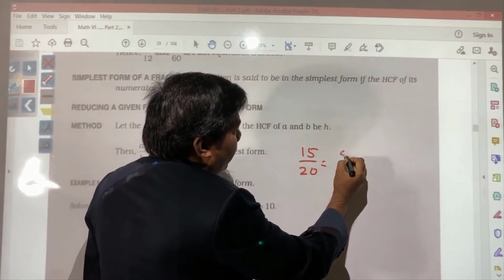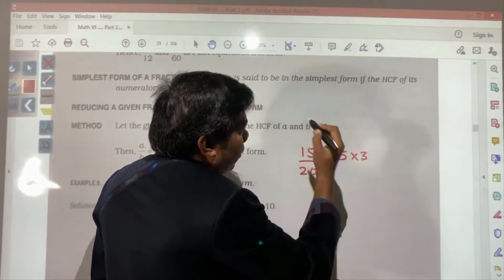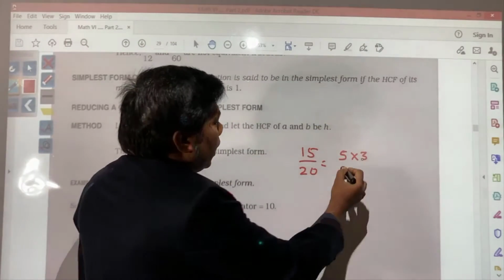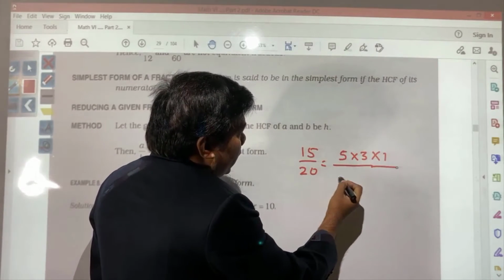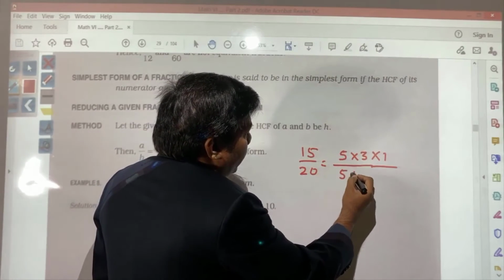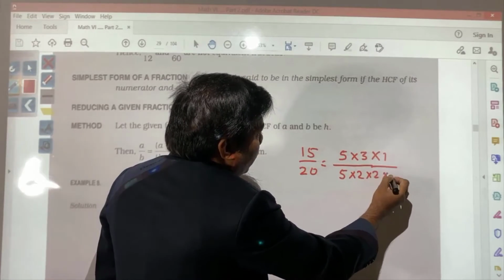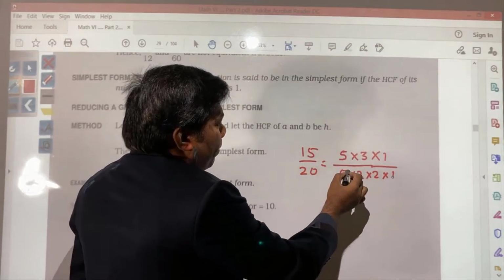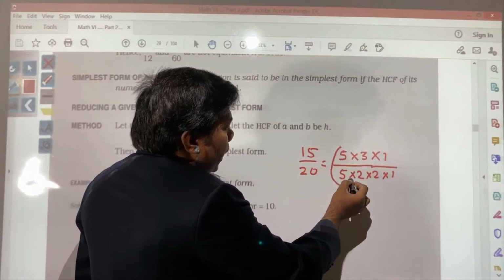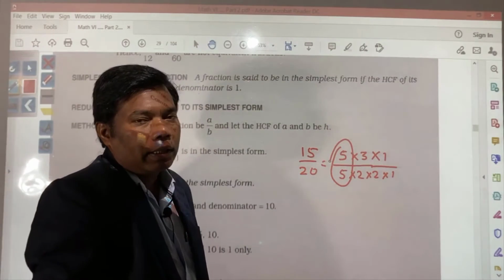What will you get? 5 into 3. 5 threes are 15, and into 1. Here you see 20 is equal to 5 into 2 into 2 into 1. 5 fours are 20. Now you see a common factor is coming.